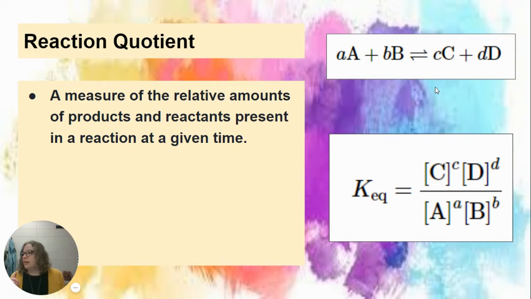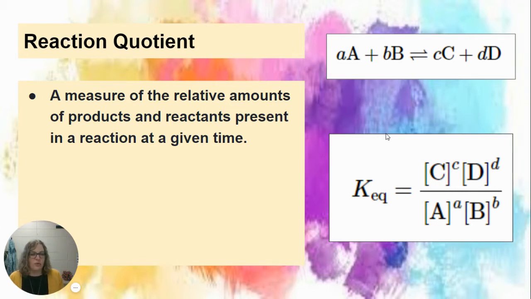It is saying, hey, I have these reactants, these products, and you put them into a mathematical expression to check and see if you are close to equilibrium or not. It lets you know whether you need to make more reactant, more product, all that kind of stuff based on your current set of conditions.